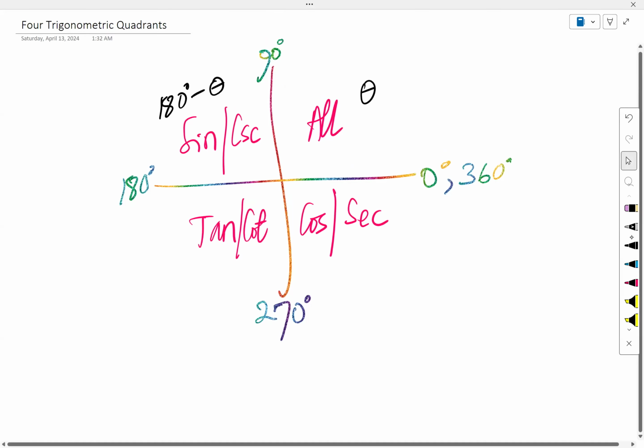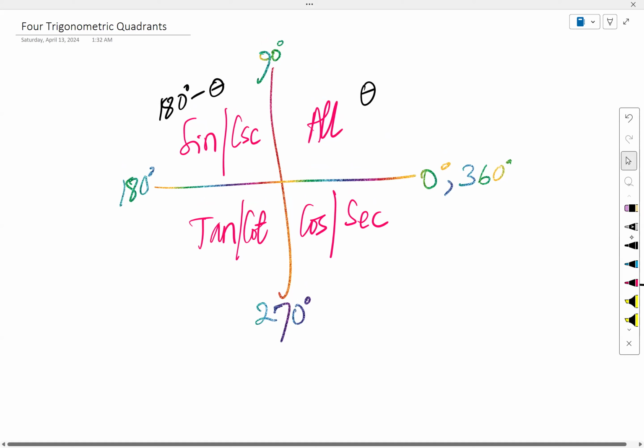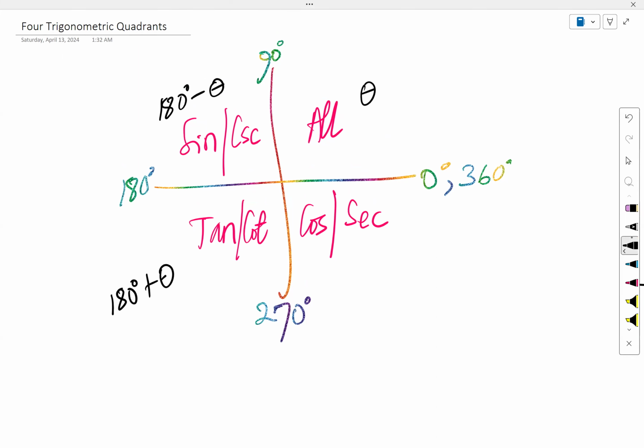In the third quadrant, what corresponds to theta is 180 degrees plus theta. I'm going to give an example of all these things. And in the fourth quadrant, what corresponds to theta is 360 degrees minus theta.